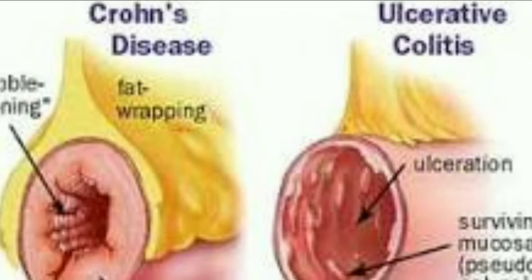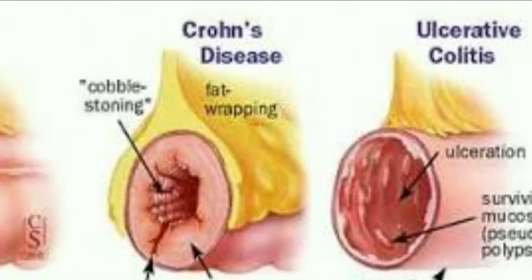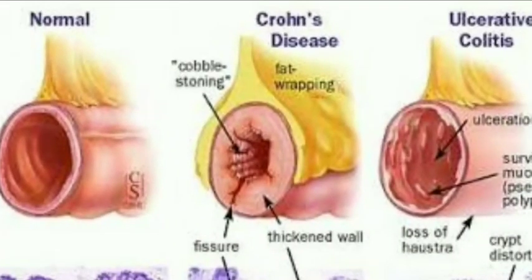Malabsorption, fistulization, perianal disease, intestinal obstruction, cholelithiasis, and nephrolithiasis are mostly seen in Crohn's disease. Toxic megacolon and primary sclerosing cholangitis are more common in ulcerative colitis. So these are the basic differences between Crohn's disease and ulcerative colitis.